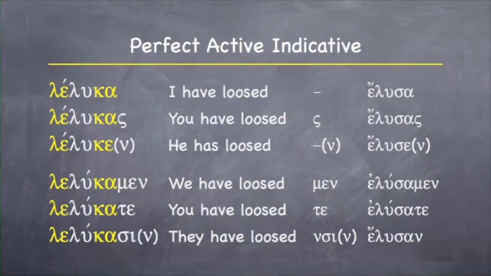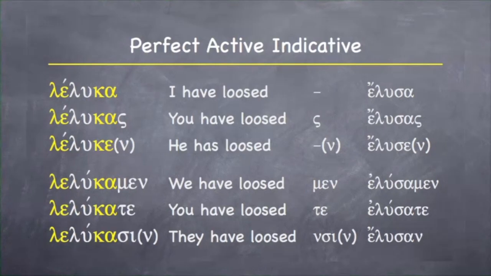You don't have a personal ending in the first person singular, so you have leluka in the perfect, elusa in the aorist. You have the shift from ka to ke in the third person singular. But technically, because the perfect is unaugmented, it's a primary tense. But it ends up looking a lot like the secondary first aorist, doesn't it?